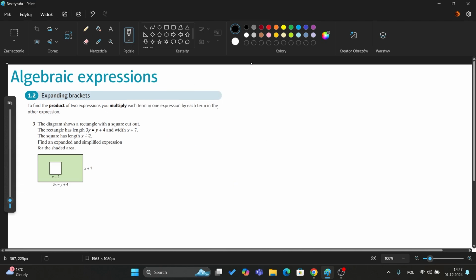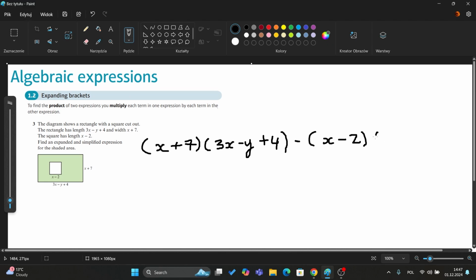So basically what happens here, we do the same. We multiply x plus 7 by 3x minus y plus 4, and we minus this by the square to give us the shaded green area.